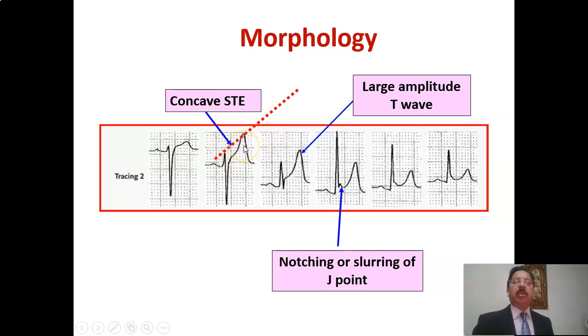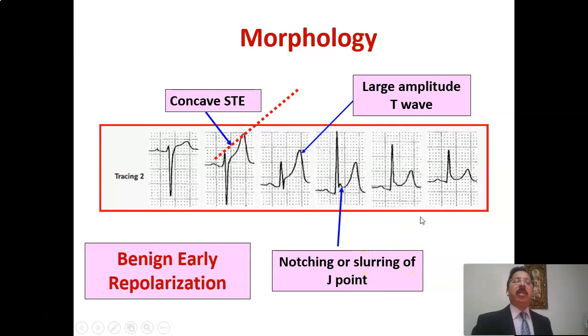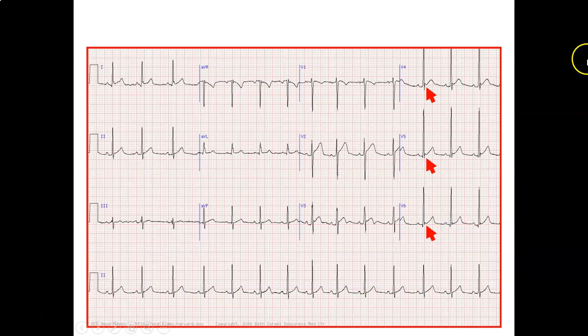Also note that there are very tall T waves and some notch is seen just immediately after the QRS complex at the J point. So this notching or slurring of the J point in presence of a concave shape ST segment elevation and tall T wave is a feature of benign early repolarization, and this may be a normal finding, especially in the young population.